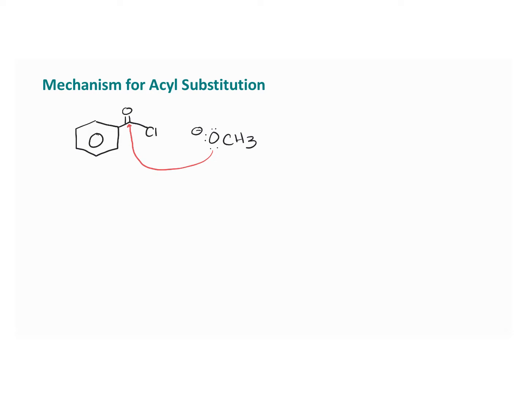And we remember that electrons are attracted to things that are positive or partially positive. And then these electrons are going to go up on that oxygen. Now, this is a nucleophilic addition. All right, and we have created a tetrahedral intermediate.